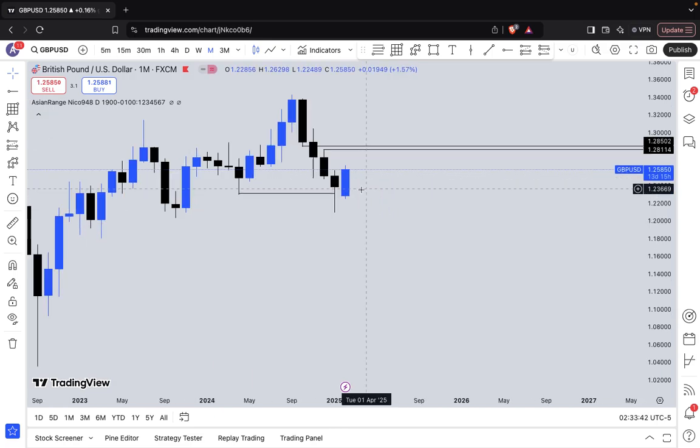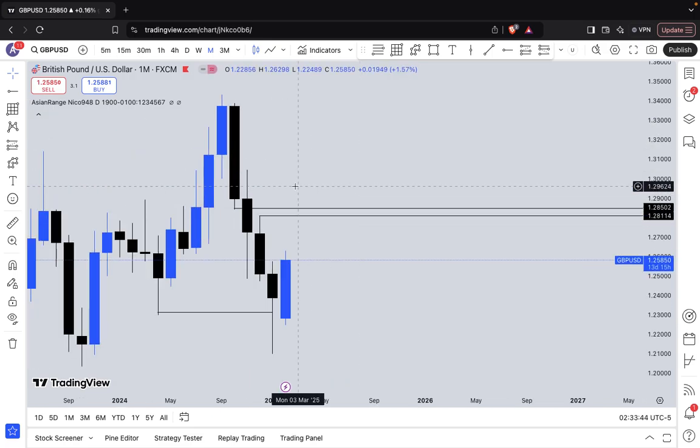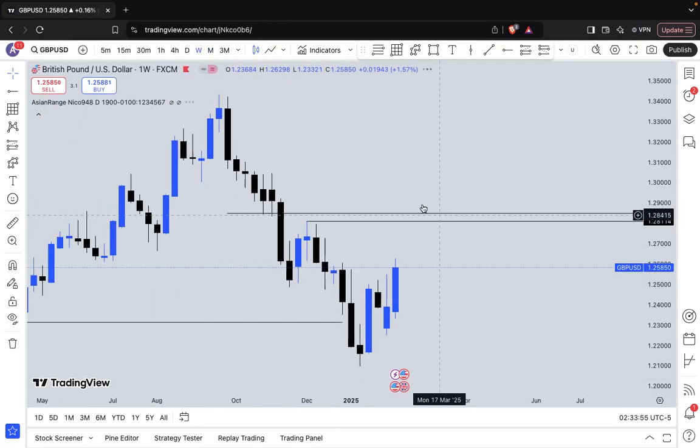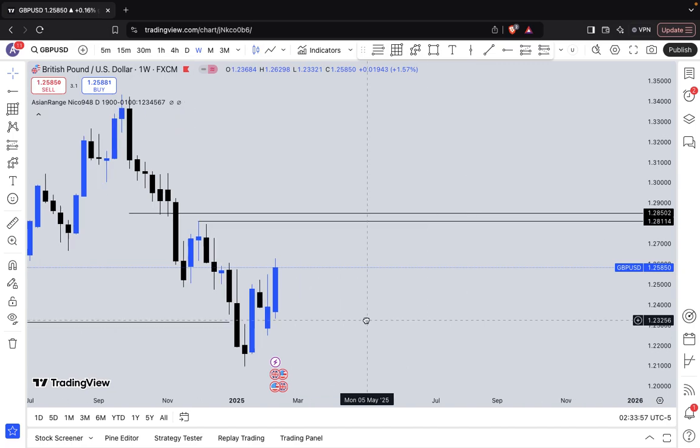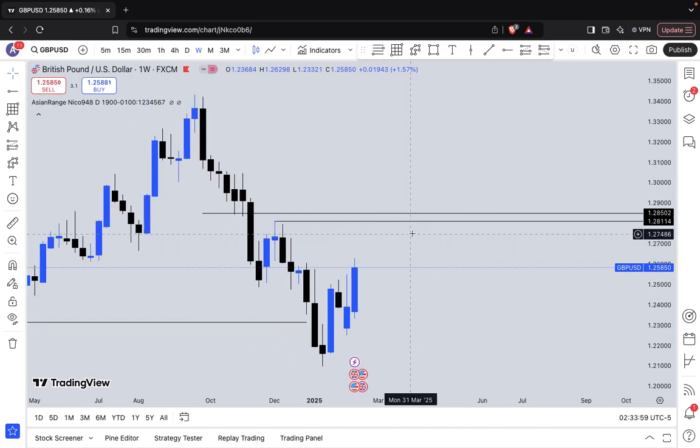Okay? This is my bias. Throughout this February, by March we should continue dropping to the downside. So now, on the weekly time frame, if you take a look at the move, you can see that market moves to the downside like this: lower low, this is a high, this is a low, this is a high, this is a low.